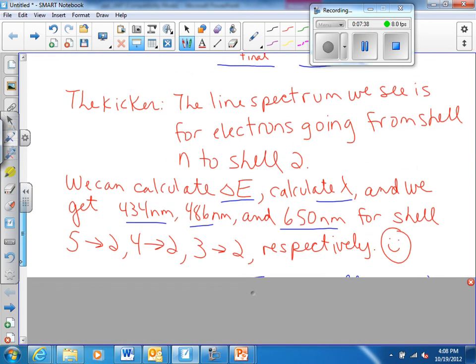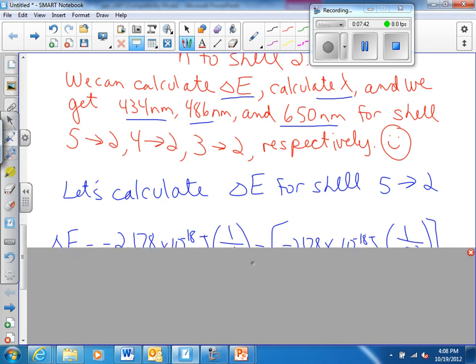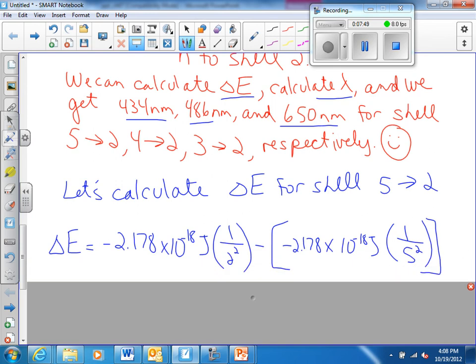So let's actually do an actual calculation. We're going to calculate the change in energy to go from shell 5 down to shell 2. It's final minus initial. So the first one would be the energy for shell 2, E2, minus the energy for shell 5, E5.